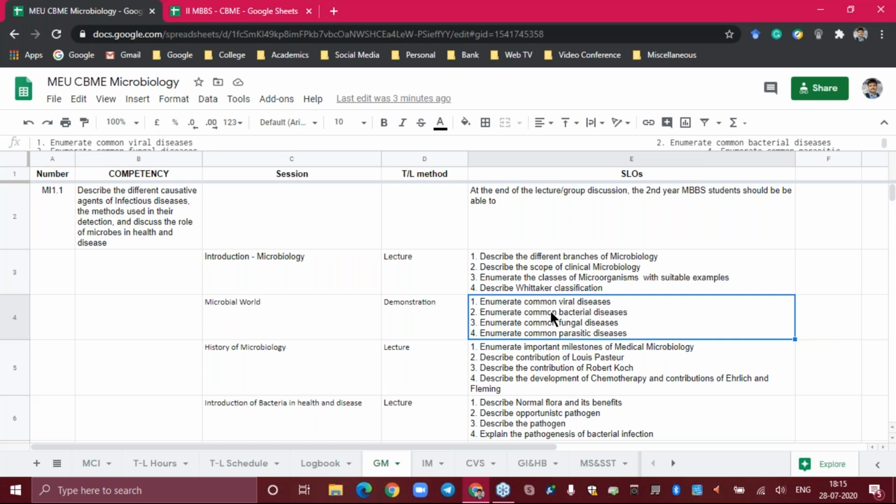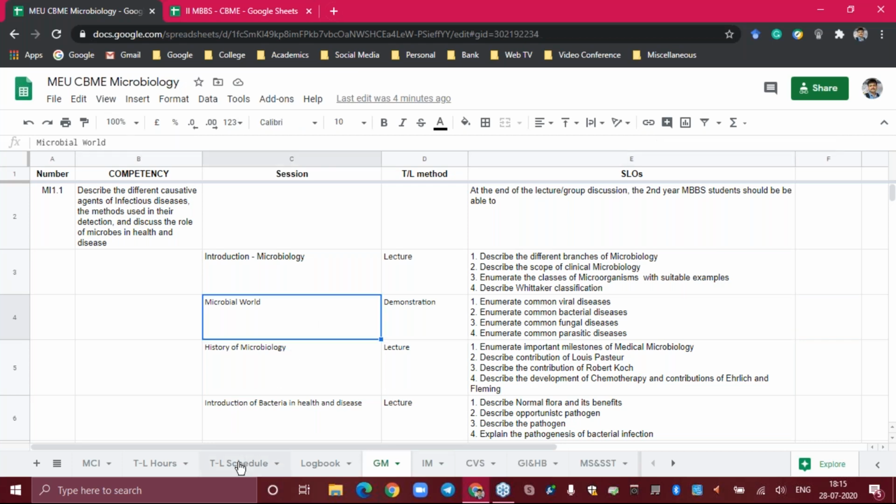Either you take a microscope, or a chart, or something else. You can take a specimen and show them the different types of pathogens, right? So they should be able to enumerate and identify common viral, bacterial, fungal, parasitic diseases, right? So that is how we are linking.